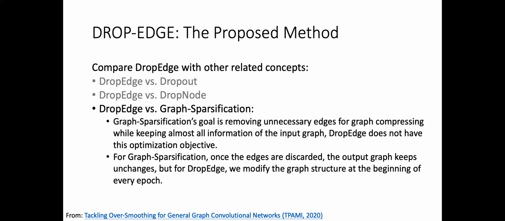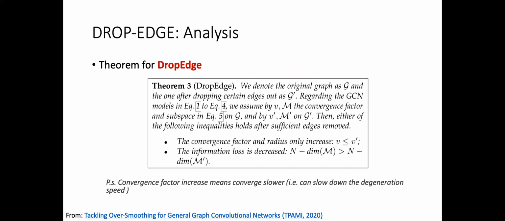Also, in graph sparsification, once the edges are discarded, the output graph stays unchanged. But for DropEdge, we modify the graph structure at the beginning of every epoch. For example, at one epoch some edges are discarded, and at the next epoch we may still have this edge exist.